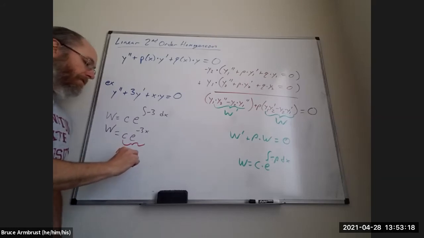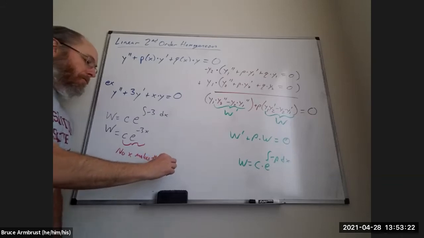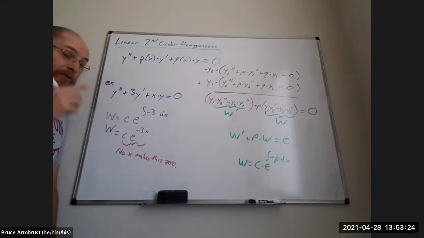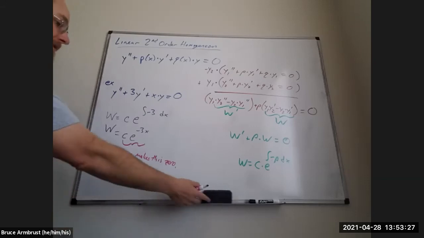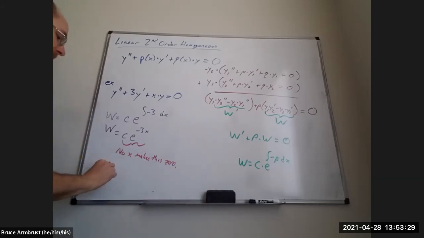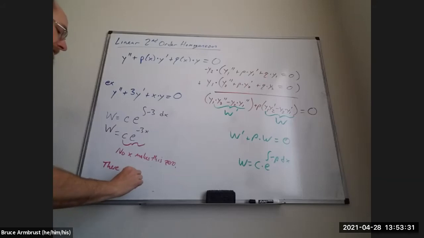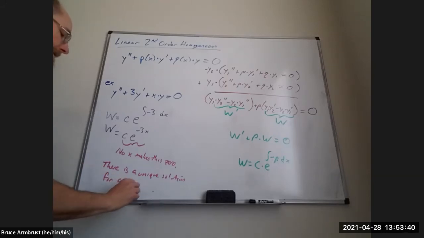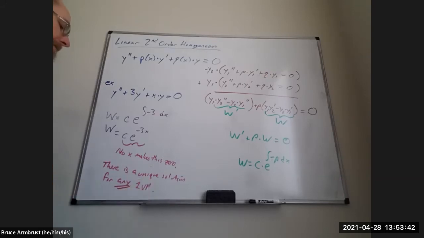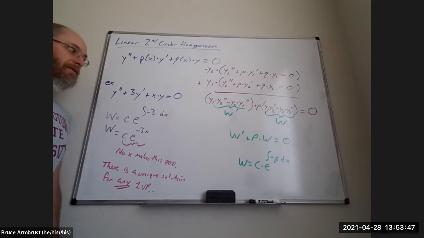So no x makes this 0. All right, so what does that tell you? This tells me then that there is a unique solution for any initial value problem. There are no x's where there's ever going to be an issue.